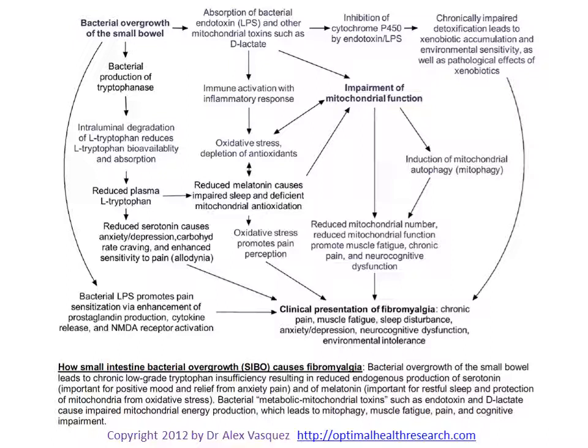These patients have chronic pain, muscle fatigue, sleep disturbance, some combination of anxiety and depression, neurocognitive dysfunction, and often they have environmental intolerance as well, because the lipopolysaccharide from gram-negative bacteria impairs the cytochrome P450 pathway, so that these patients are unable to metabolize and detoxify chemicals that they're exposed to.